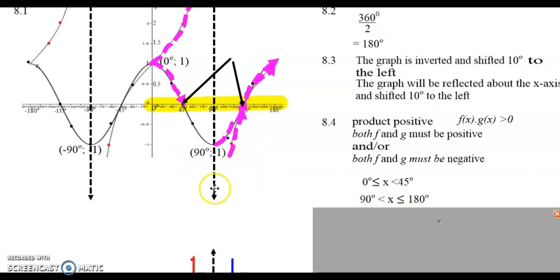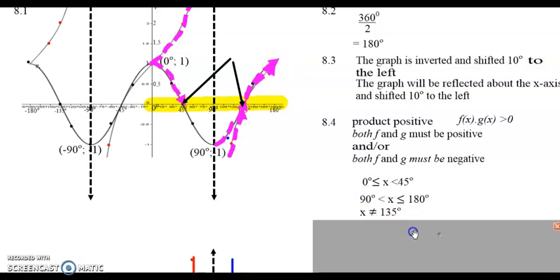So there won't be a result to multiply with. Then up to 180 degrees, and it includes 180 degrees. I must list, however, x is not equal to 135.